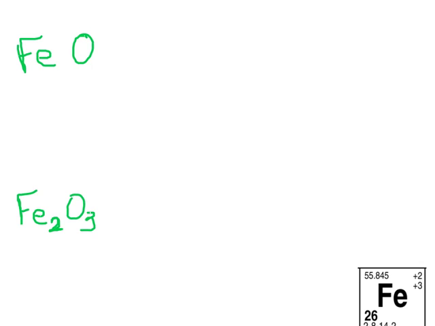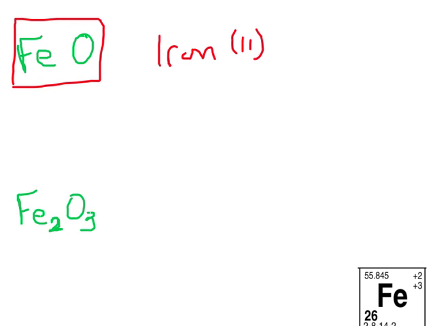So in this first example, we have FeO. So what do we call this? Well, this one is called iron(II) oxide.